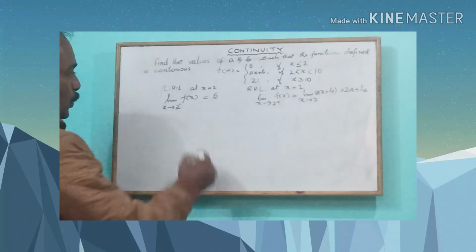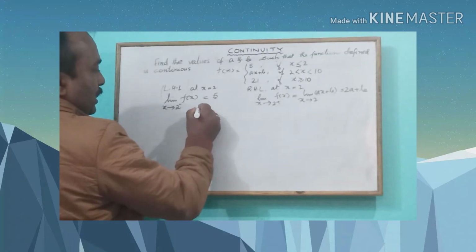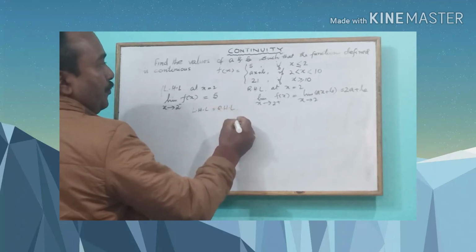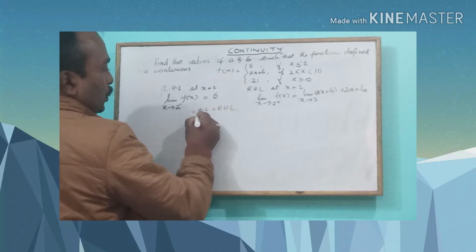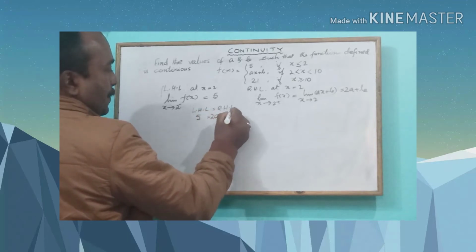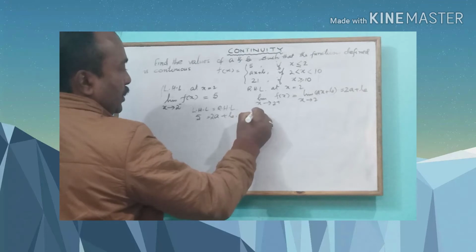As the function is continuous, LHL equal to RHL, and that means 5 is equal to 2a plus b. This is one equation we get.